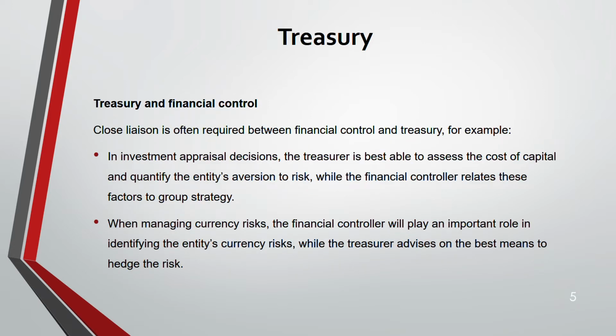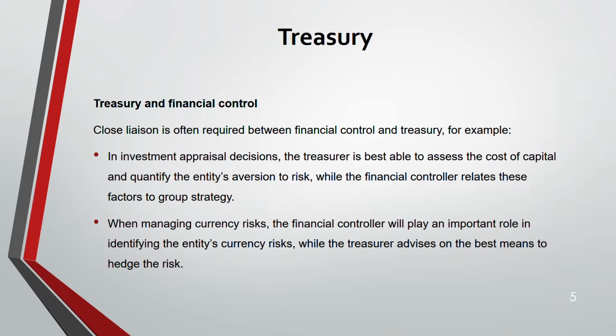Then, a close liaison is often required between financial control and treasurer. Yes, they need to work together because more or less their objectives are the same, to manage the risk of the company.